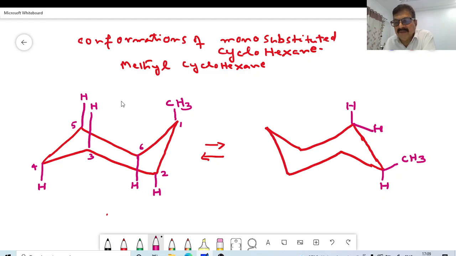This axial will become equatorial. In the ring flipping, it will become equatorial. Okay. Yeah, we can draw all the hydrogens and groups here so that it will be full.